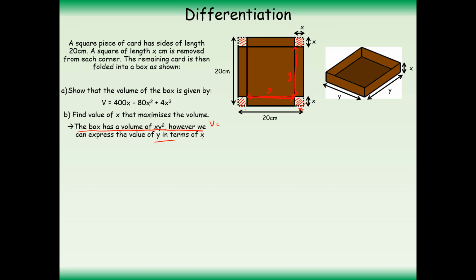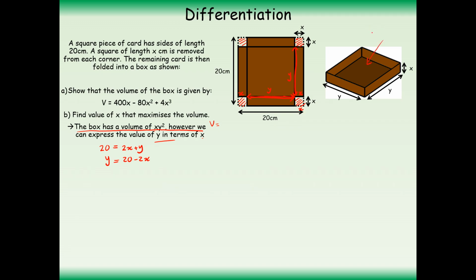Now if you think about it, you've subtracted how many x's from 20? You have been told 20 is equal to 2x plus y, therefore y is 20 minus 2x. So you substitute this into the volume formula.